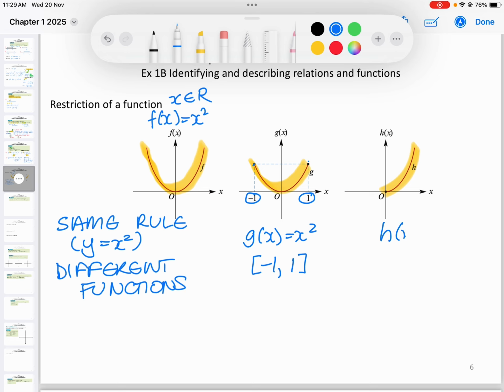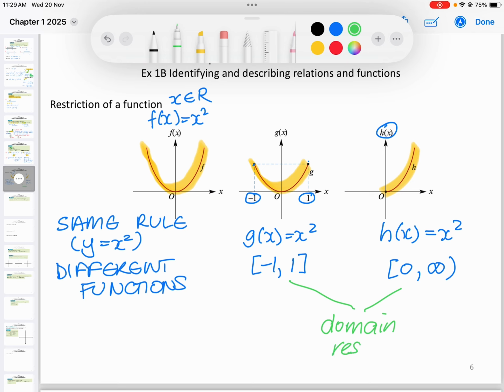And then h of x is also x squared, but its domain is from 0 to infinity. And we call these domain restrictions, or a restricted domain.